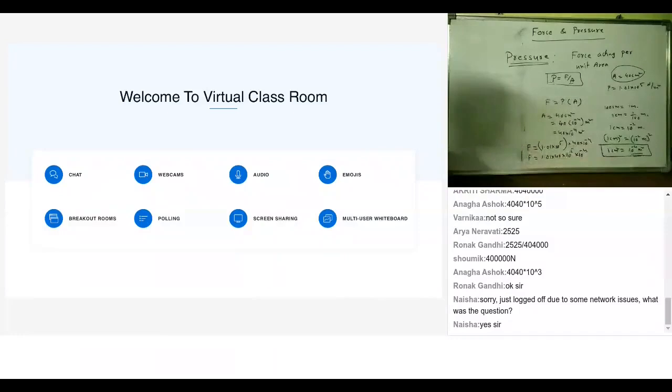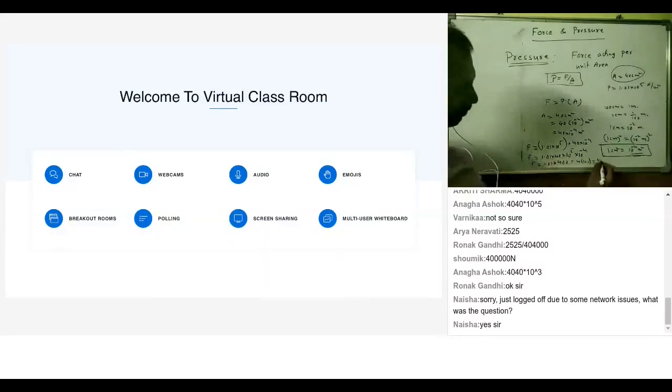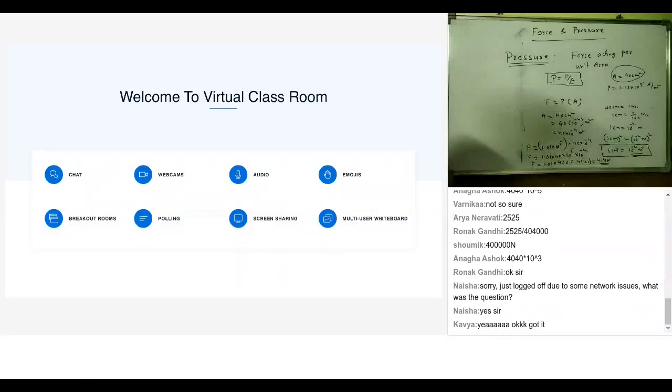So how much is that? I can write F equal to 1.01 into 400. Can I write it like this? 40 into 10, so that is 4 into 101, or 404 Newton. I hope that is clear.